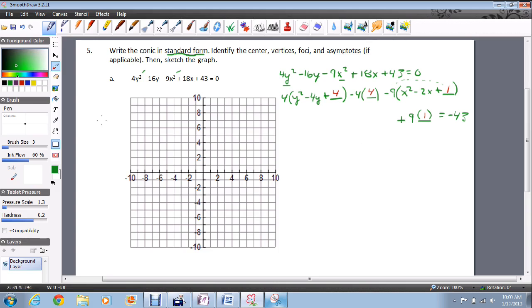So now I can write it as a completed square by saying 4(y minus 2) squared minus 9(x minus 1) squared, and then our like terms, which is the 4 times 4 is just 16, and the 9. Oh, and I almost forgot that this is a negative 16, so negative 4 times 4 is negative 16, plus the 9 is going to give us a negative 7 after we combine our like terms. So minus 7 equals negative 43.